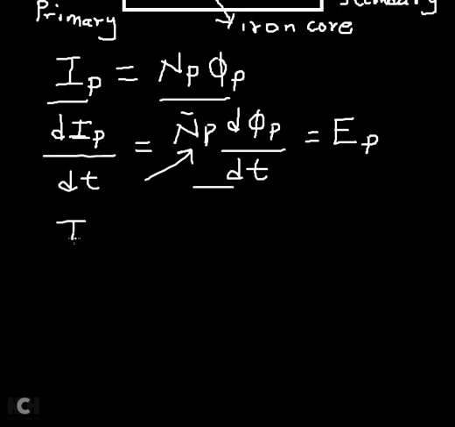Let's say current was supplied to the secondary coil, called the secondary current. Then flux will be generated at the secondary coil.